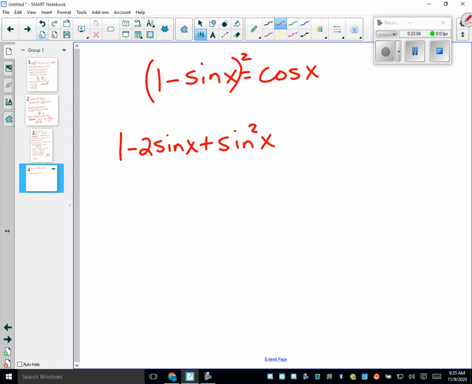Right? What do I get when I square the right? It's going to be 1 minus sine squared x.